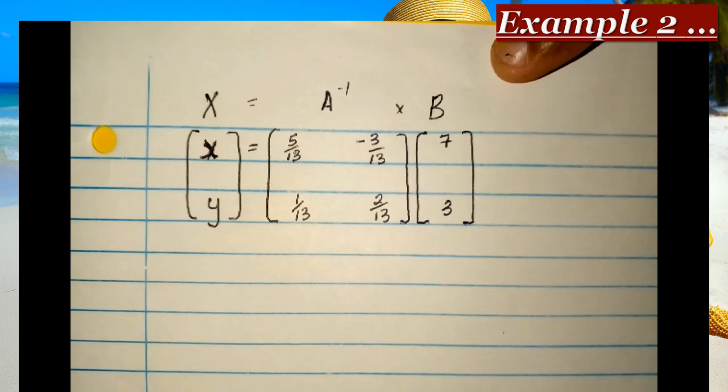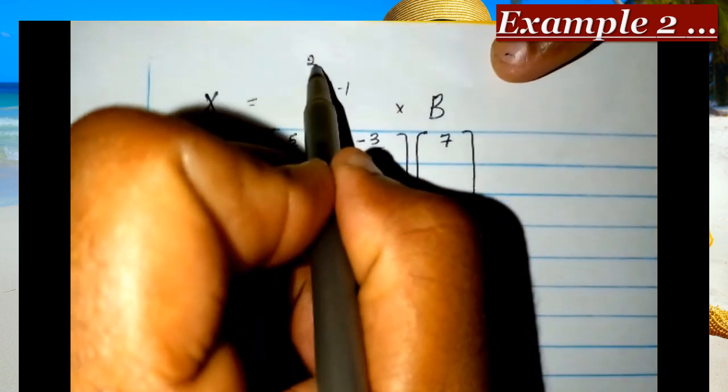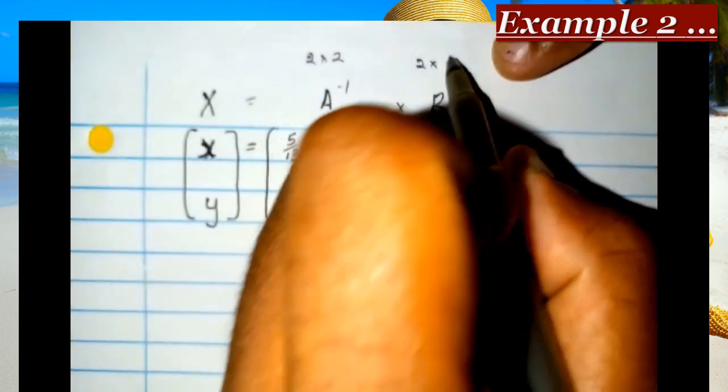So here we are. We need to multiply these matrices now. And remember, to multiply matrices, you have to check that they're conformable. So this is a 2 by 2 matrix. A inverse is a 2 by 2. And B is a 2 by 1.